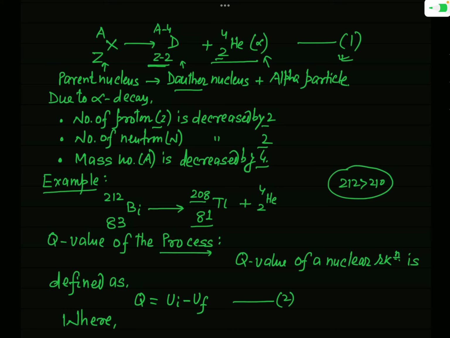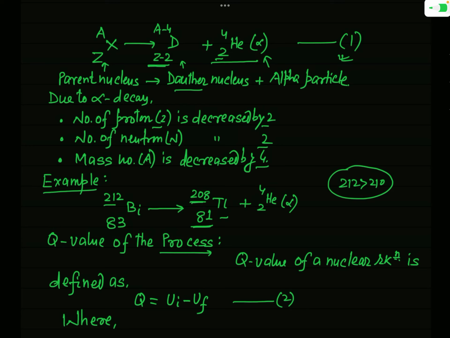You can simply subtract 2 from 83 to get 81, and 4 from 212 to get 208. And this is your alpha particle. So when bismuth suffers alpha decay, the daughter nucleus is thallium, and its mass number has decreased by 4, and it is 208. So this is a proper example for the alpha decay process.